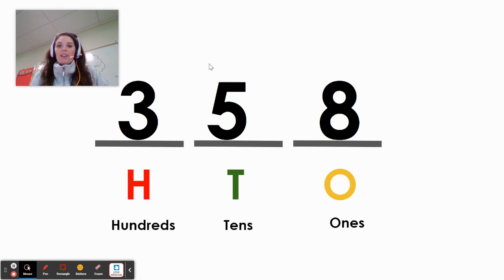Now, even though 8, the digit 8, is more than 3, we have to think about the place value. 300 squares is worth a lot more than just 8 ones, right? 8 tiny little squares. So you have to take into account the place value. Hundreds are worth more than tens. Tens are worth more than ones. Okay? So this unit, we will be practicing place value.